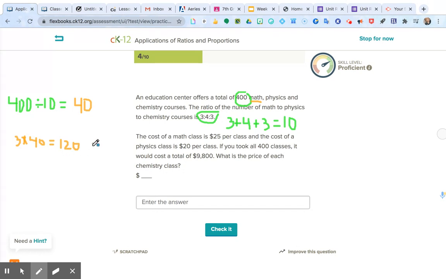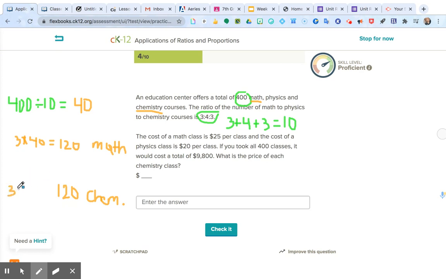So 120 math classes. And I also had 3 for chemistry. So I know I also took 120 chemistry because I had to do the 3 times the 40 again. I'm just going to write CHEM for chemistry.